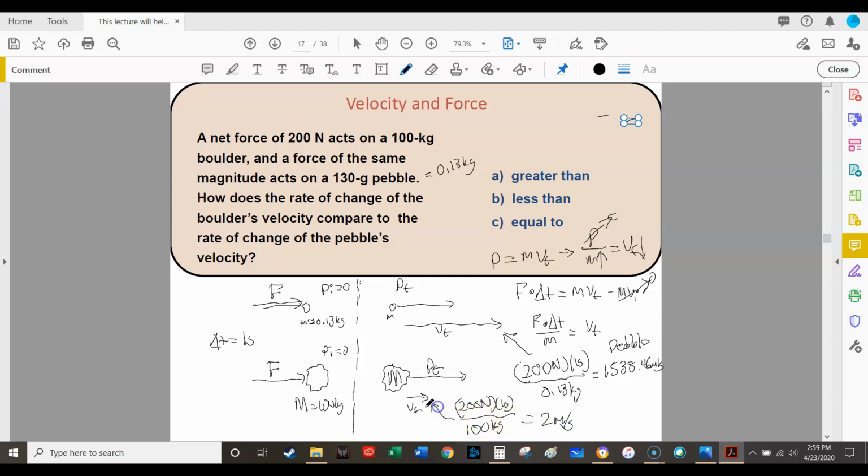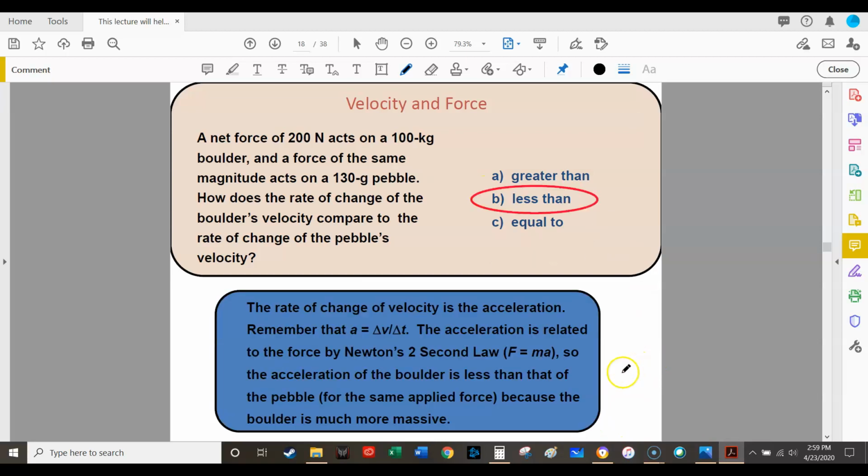So that guy's final velocity is much smaller. So the boulder's final velocity is going to be less than the final velocity of the pebble, much less, 2 meters per second compared to 1,538. And we're right. So our reasoning was really good on that.